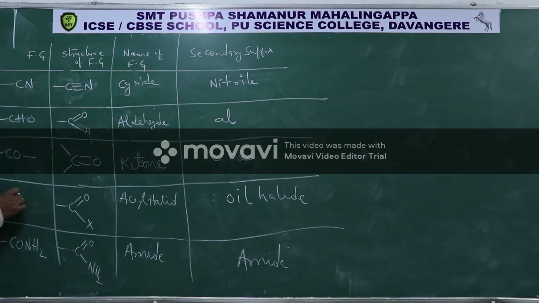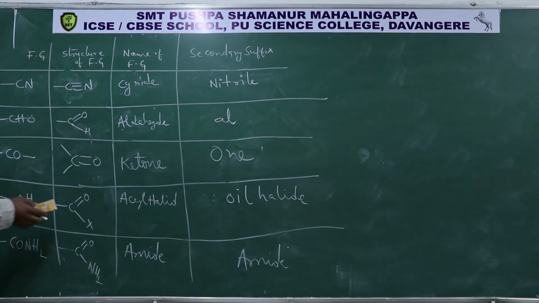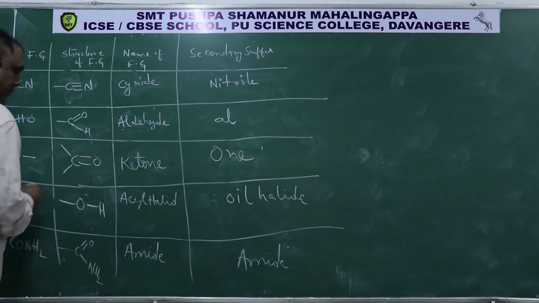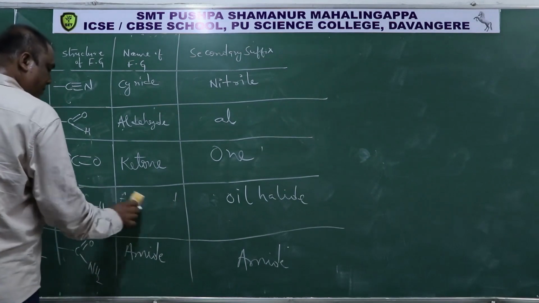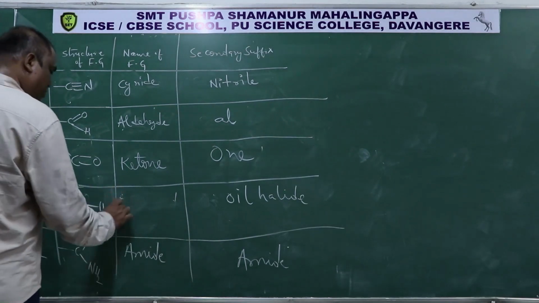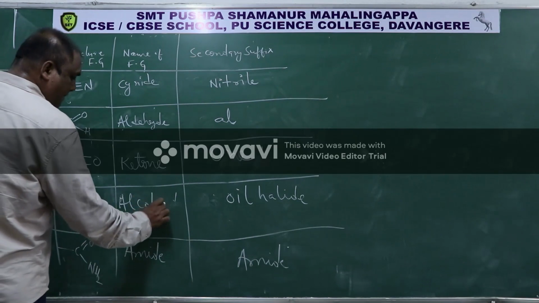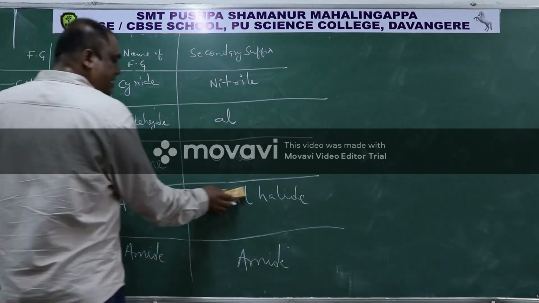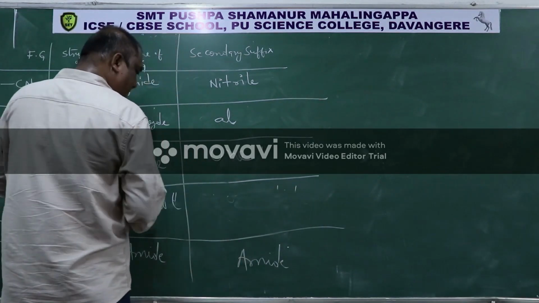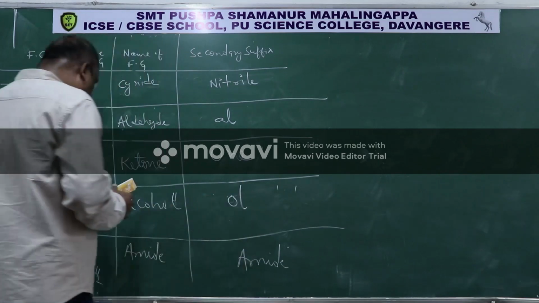Functional group is OH. Structure is bond OH. Then name of the functional group is alcohol. Then secondary suffix is ol.